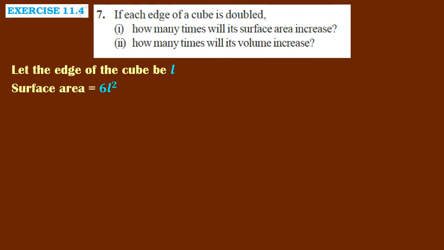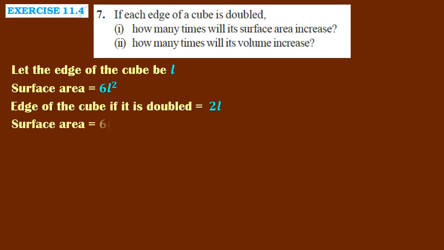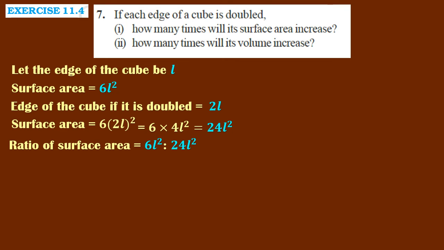Now let us double the edge. So when you double the edge, it will become what? 2L. So what will be the new surface area? 6L square. Instead of L, you have to put 2L. So 6 into (2L) whole square, which will be 6 into 2 square is 4, 4L square. That means 24L square. Now ratio of the surface area.